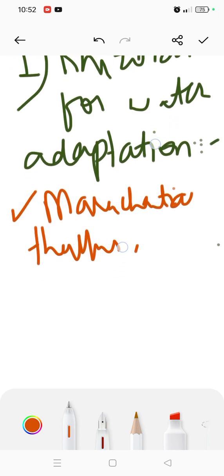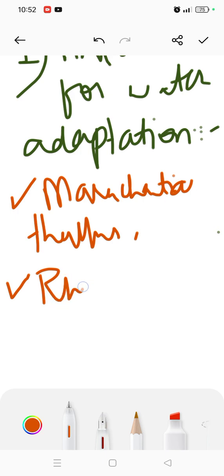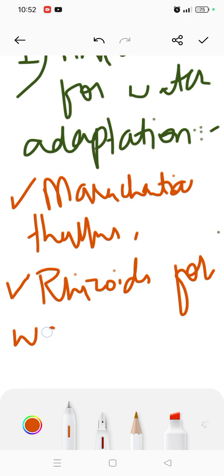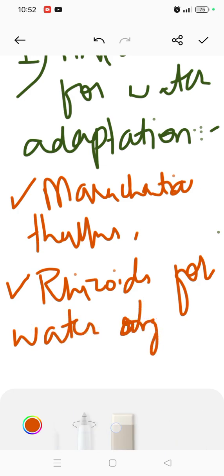They found that they have rhizoids for water absorption. This means a structure which helps in water absorption, not a root.